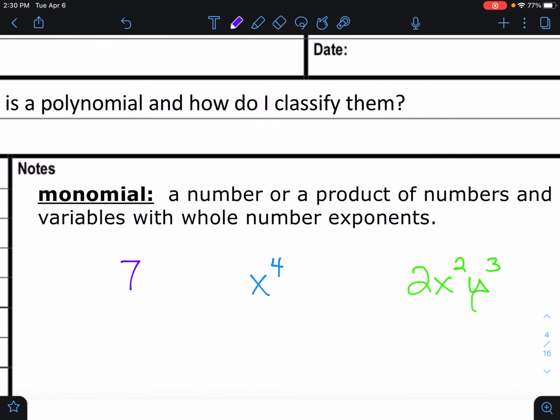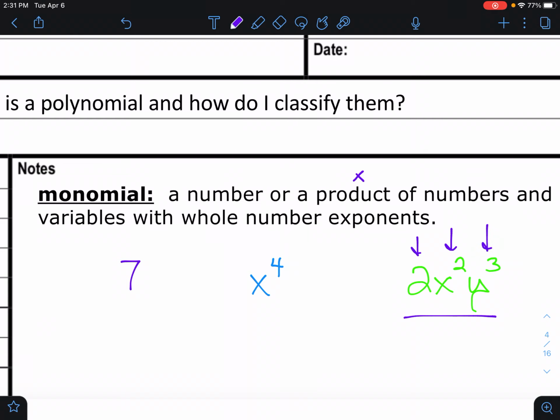It can be a product. Remember, product means multiplication. It can be a product of numbers and variables with whole number exponents. Well, that would be something like this right here. You've got a 2, a number. You've got a variable with an exponent. It's a whole number, 2. And another variable with an exponent.